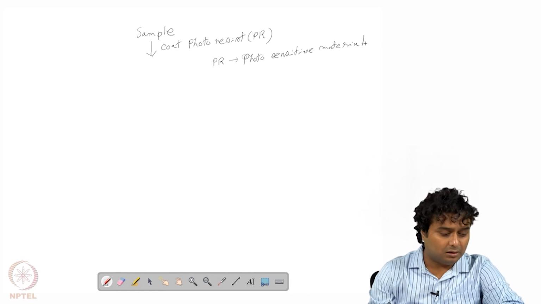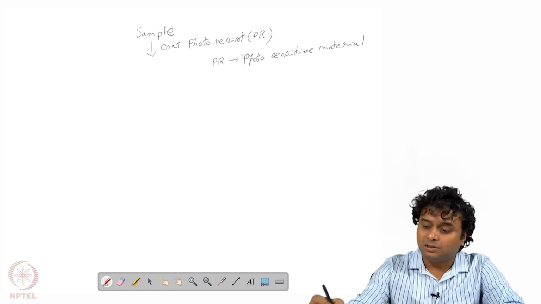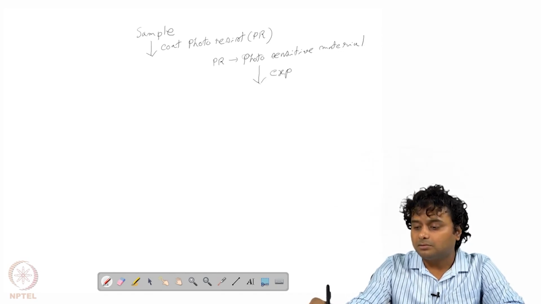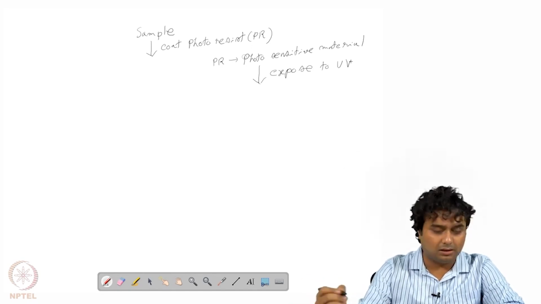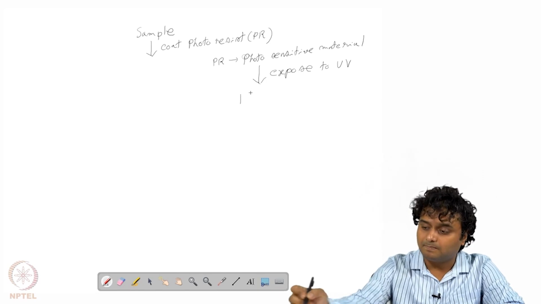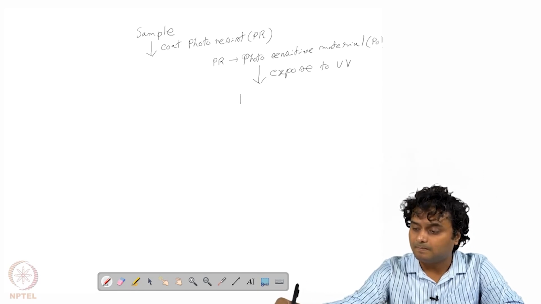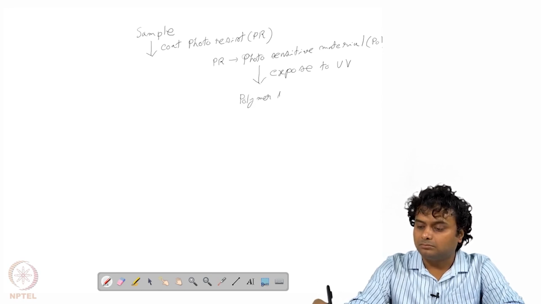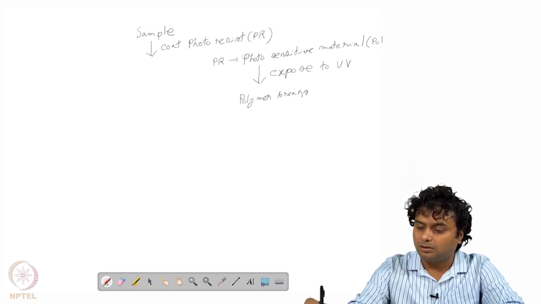What happens is that when we expose it to ultraviolet light, this polymer breaks and becomes monomer.